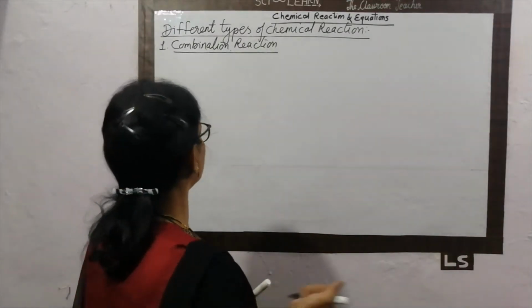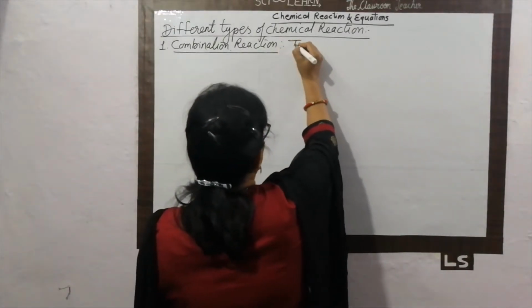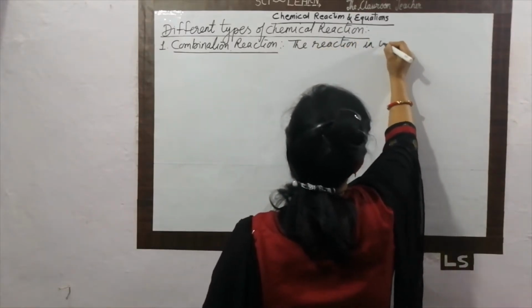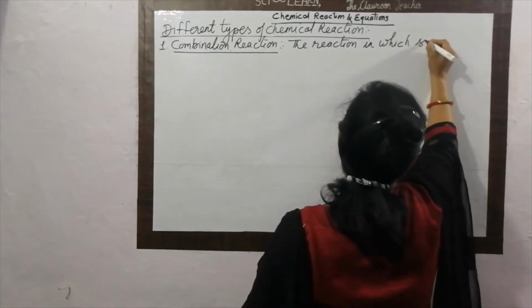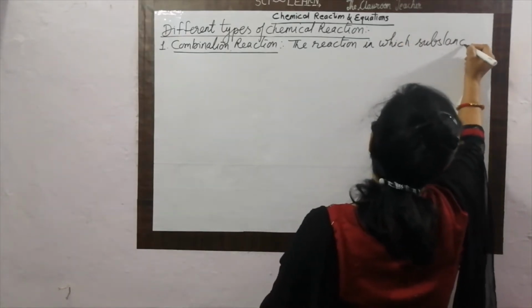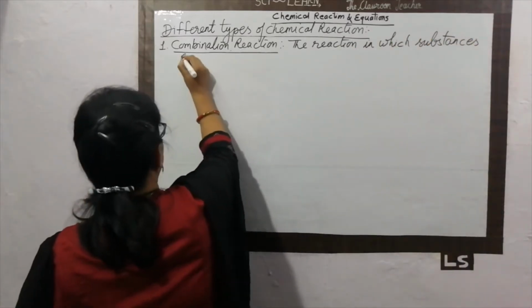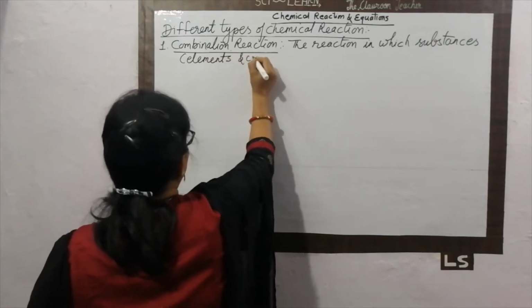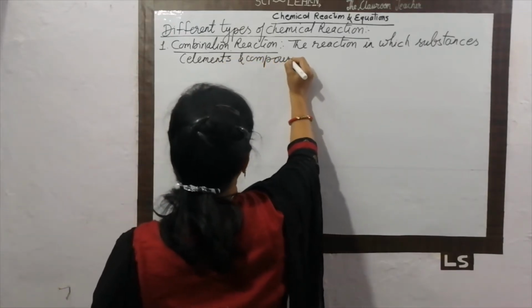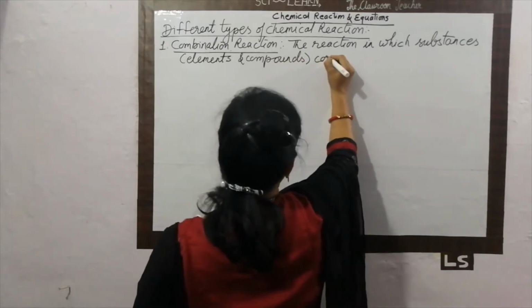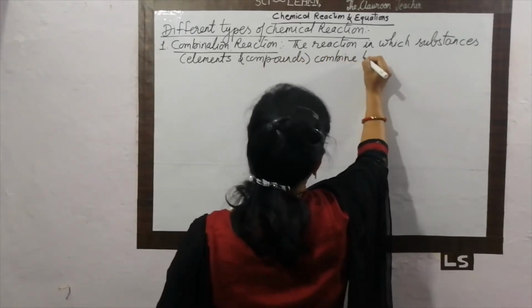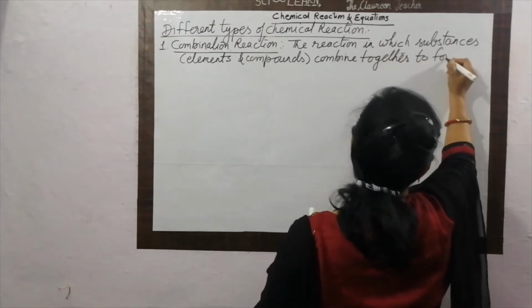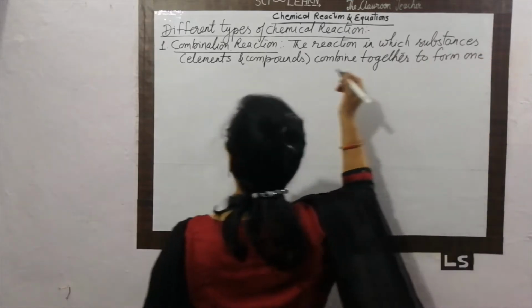First, go through the definition. What is combination reaction? The reaction in which substances, which may be elements or compounds, combine together to form one single compound.